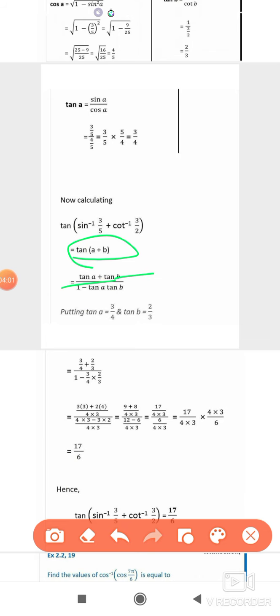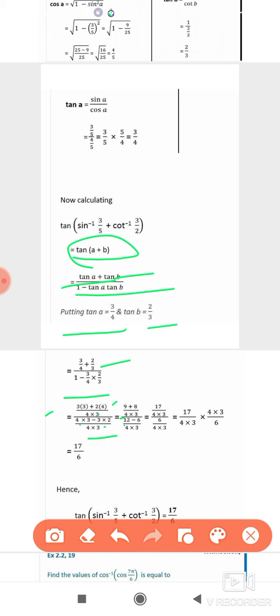It is equal to tan a plus tan b, over 1 minus tan a tan b. Fine. Just put the value of tan a, tan b over here: 3 by 4 plus 2 by 3 divided by 1 minus 3 by 4 into 2 by 3. After solving all this, 3 into 3 plus 2 into 4 divided by 4 into 3, divided by 4 into 3 minus 3 into 2 divided by 4 into 3.